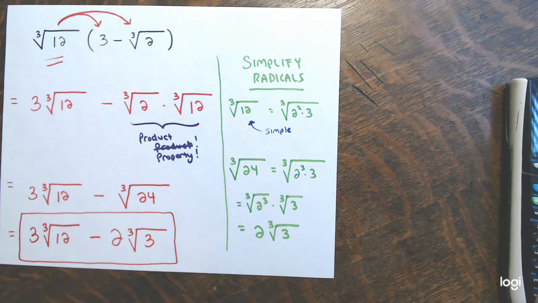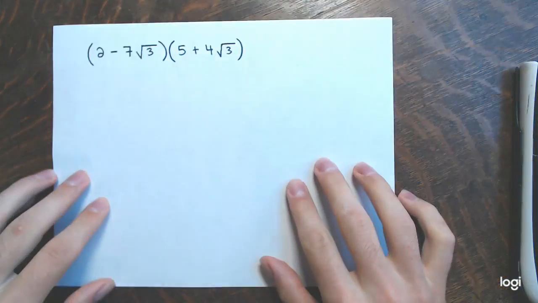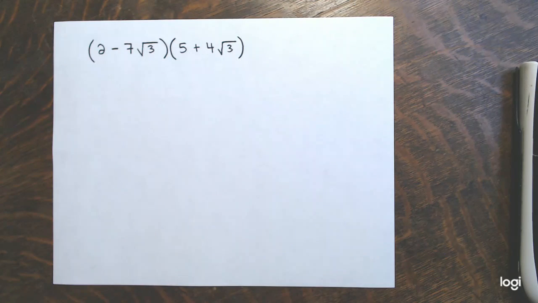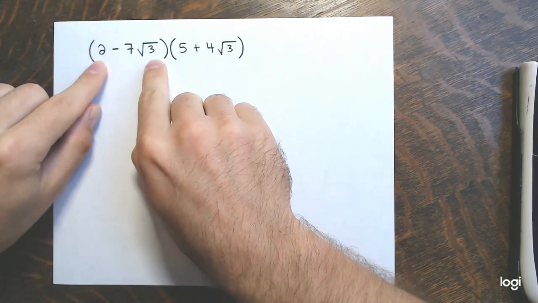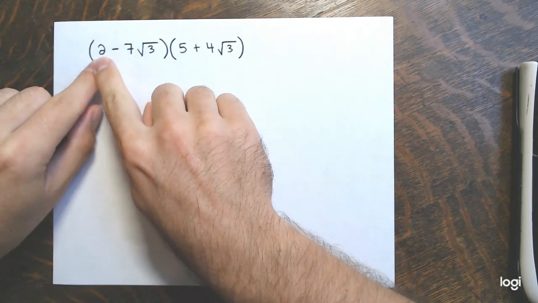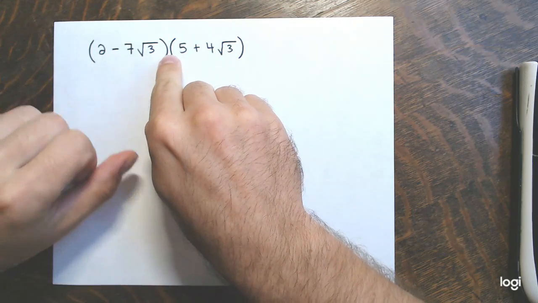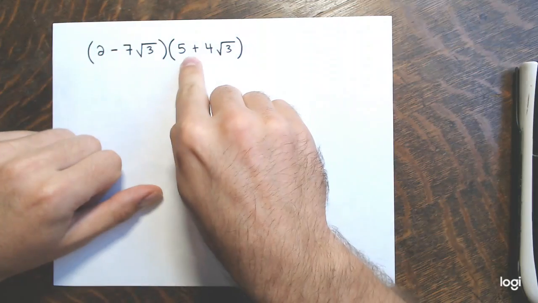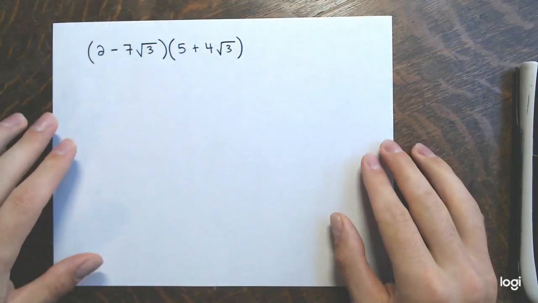Okay, next example. Now the last two, we had a single term multiplied by two terms and had to distribute just that one term. So here's an example where I have two two-term expressions. This first expression has two terms, the 2 and then the -7 times the square root of 3, multiplied by another expression with two terms, the 5 and then the +4 times the square root of 3.